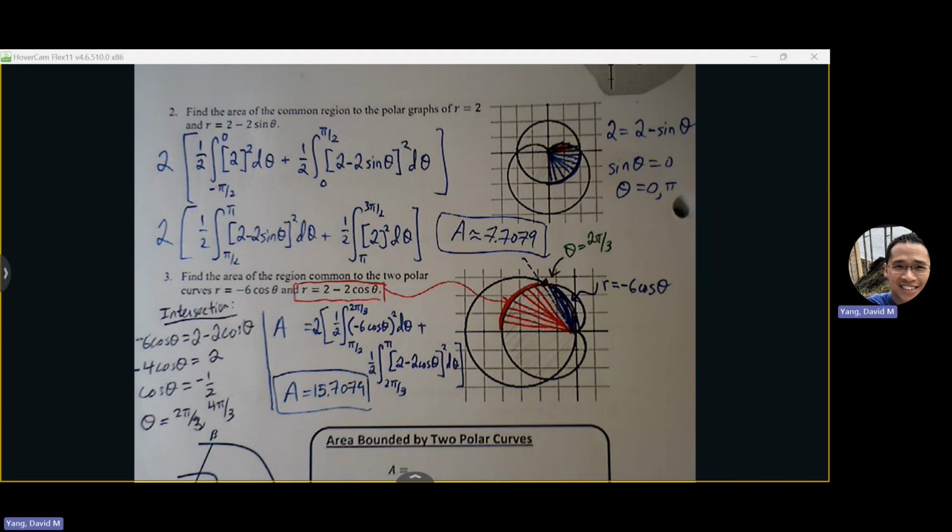Oh, wait, I'm sorry, no. This is at 0. More than one side of it.